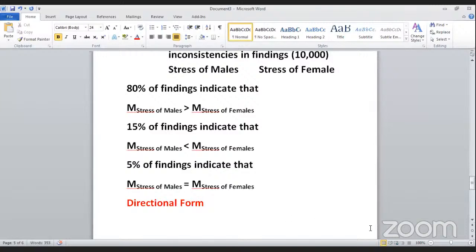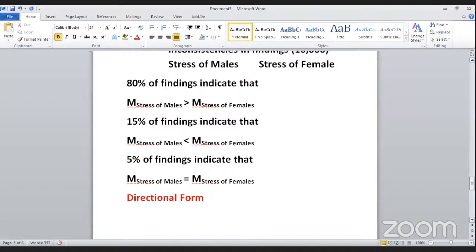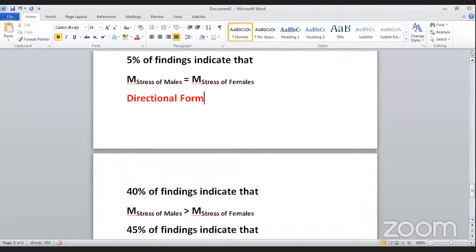I proceed further. I'm repeating this point because it's slightly difficult. Now, suppose another researcher finds that 40% of the research findings indicate that mean score of stress of males is significantly higher than the mean score of stress of female.